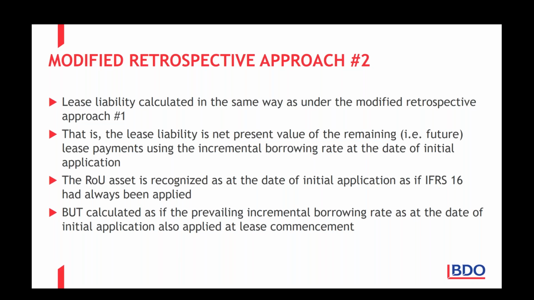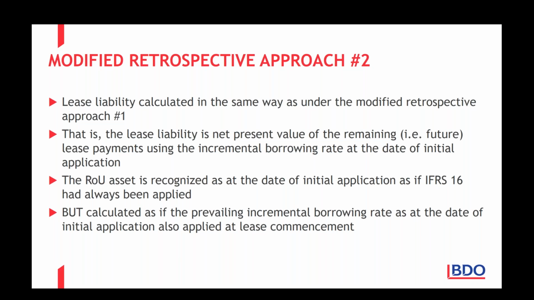But it's calculated as if the prevailing incremental borrowing rate as at the date of initial application is also applied at lease commencement. So you're not going back to lease inception on the 1st of January 1980 and using the incremental borrowing rate at that date.